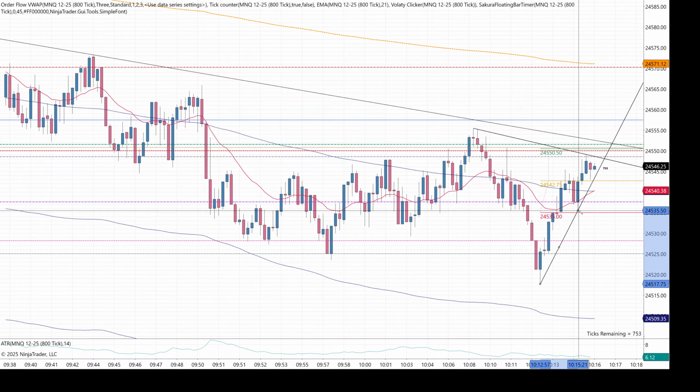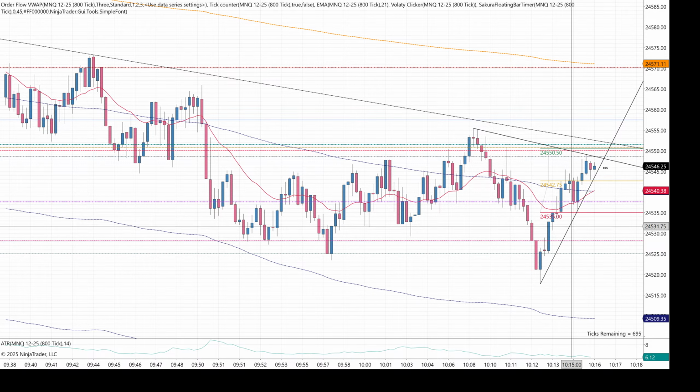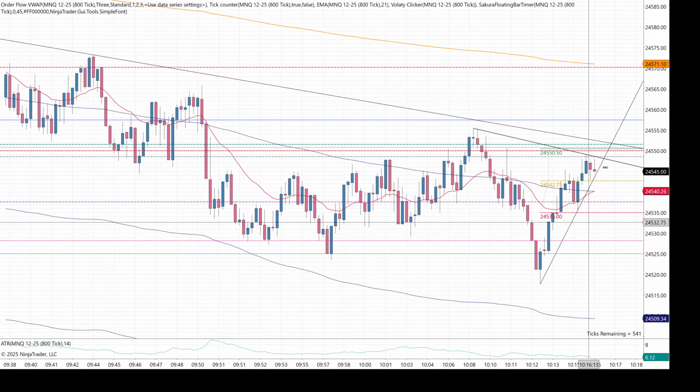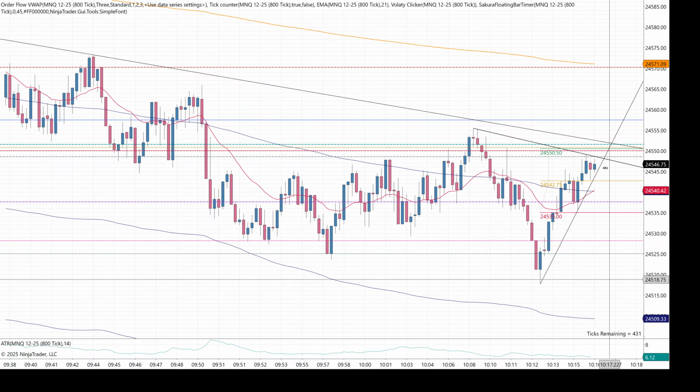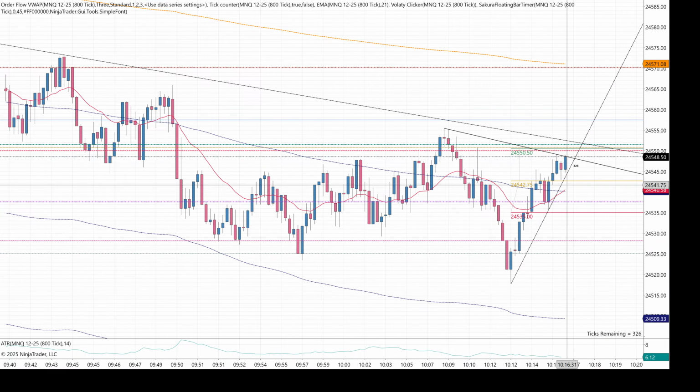I can draw this macro trend line. We technically still haven't hit target yet on this trade, so we're just gonna be patient. But if I do get a bearish candle that closes below the EMAs and the standard deviation, I will take it short.